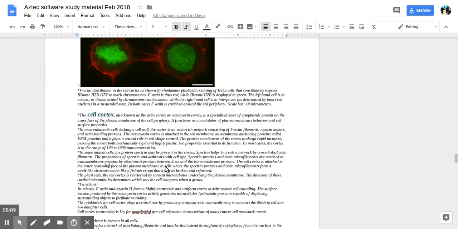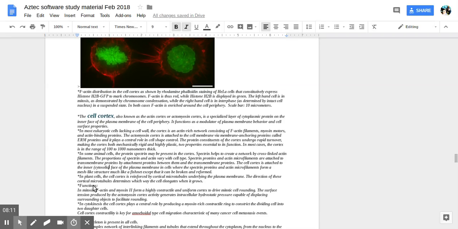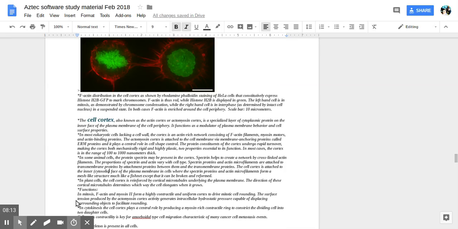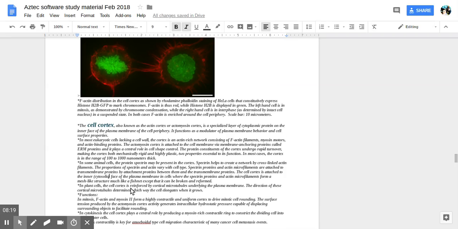So, functions. Ruben, read this, please. In mitosis, F-actin and myosin form a highly contractile and uniform cortex to drive mitotic cell rounding.